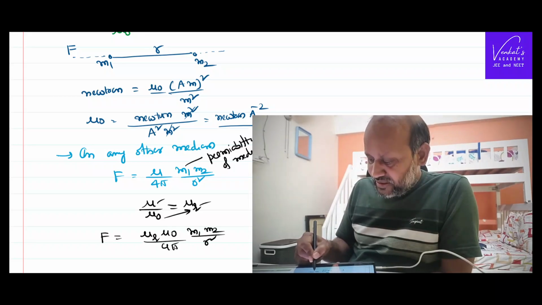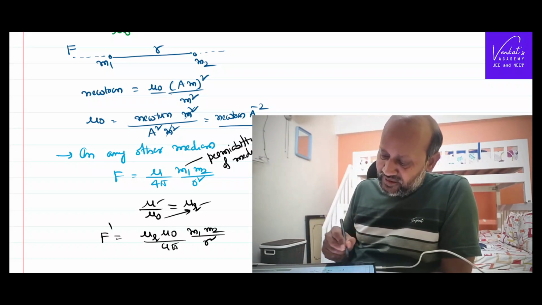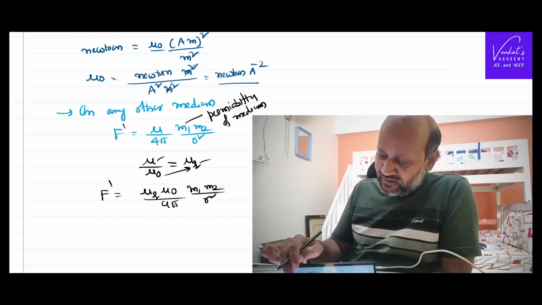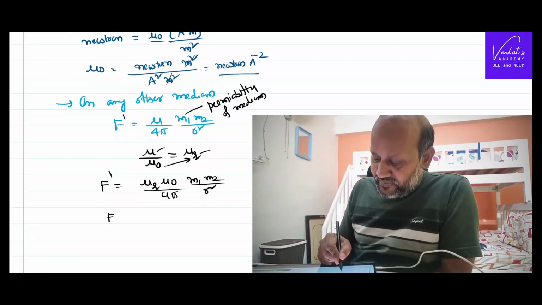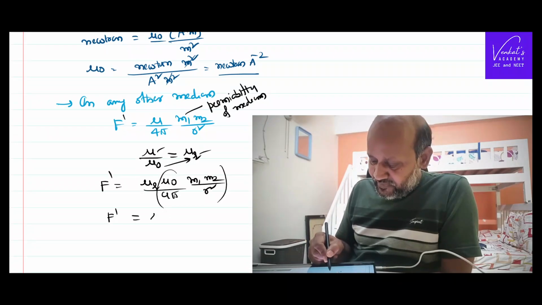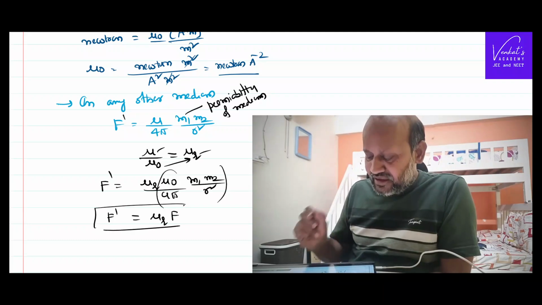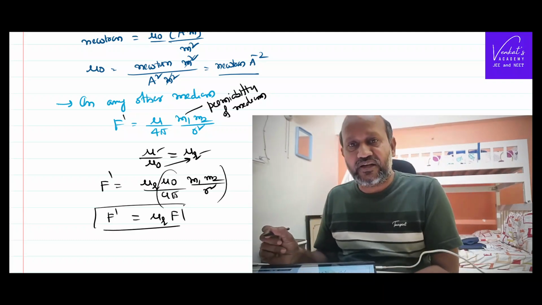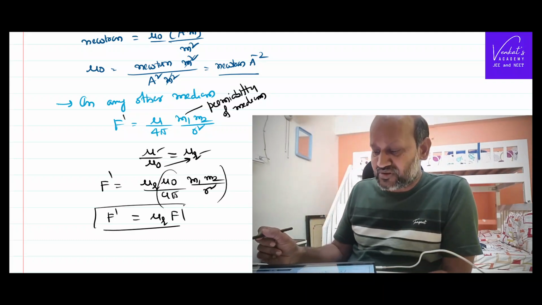This force is different, so I'm calling it F dash. Earlier force I have called F. So F dash can be written as mu r into F. This is how I can relate the forces in different mediums between the same magnetic poles.